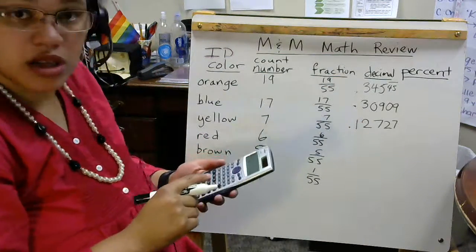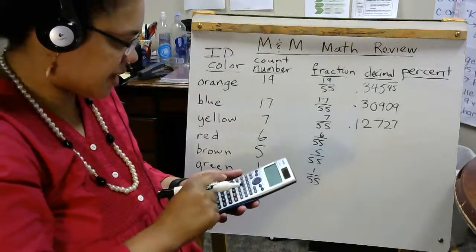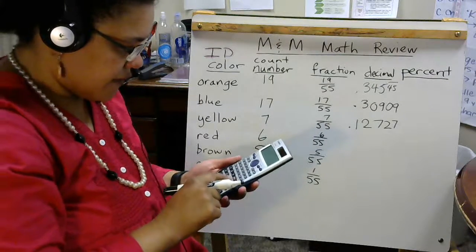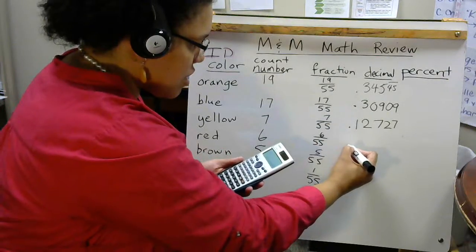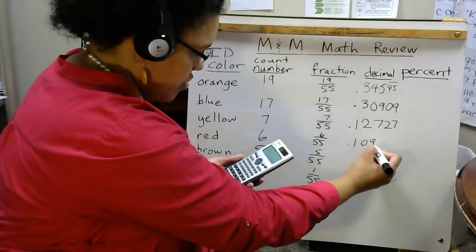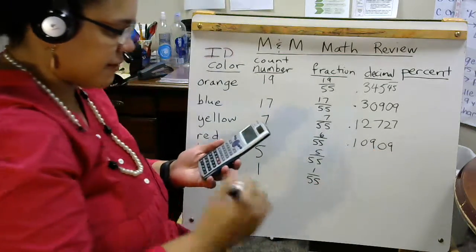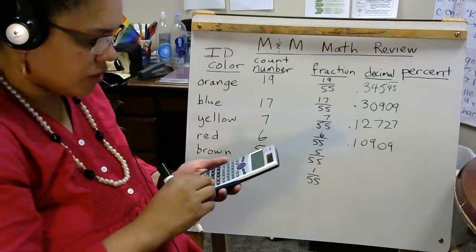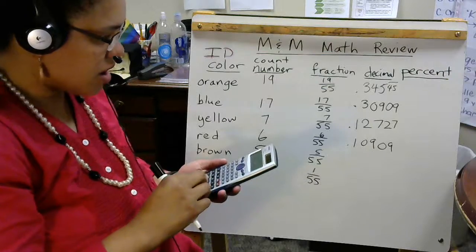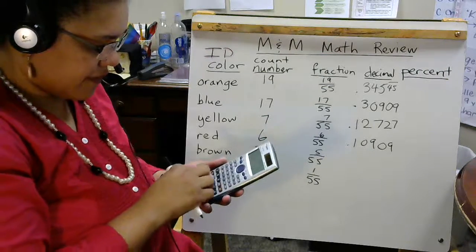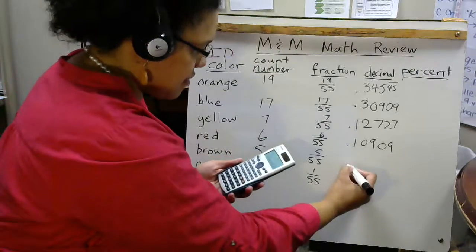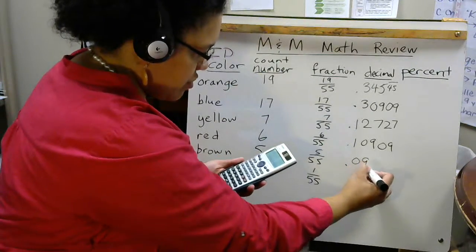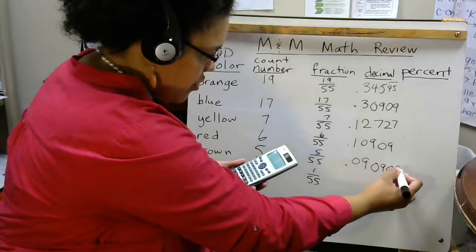And then 6 divided by 55 equals 0.1090909. 5 divided by 55 is 0.090909, and so on.